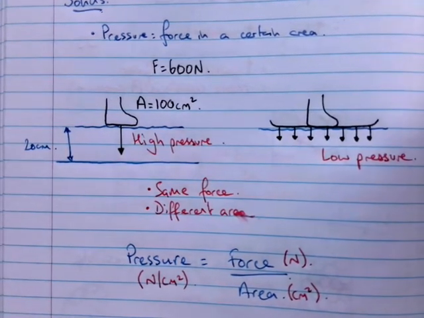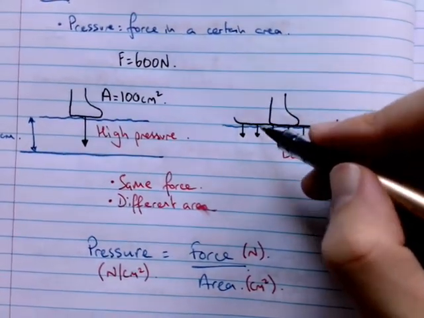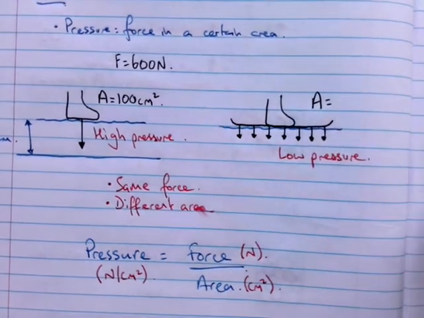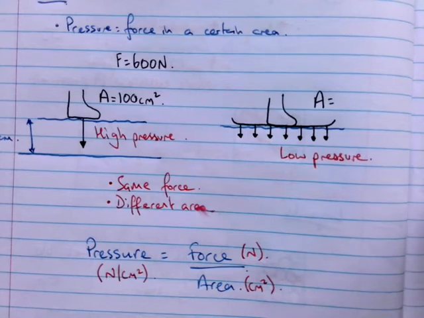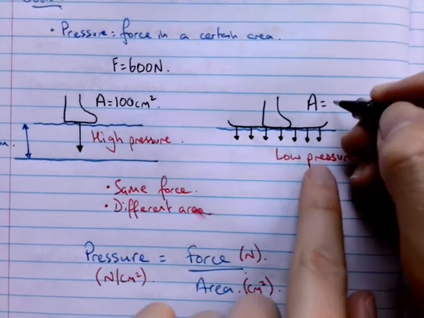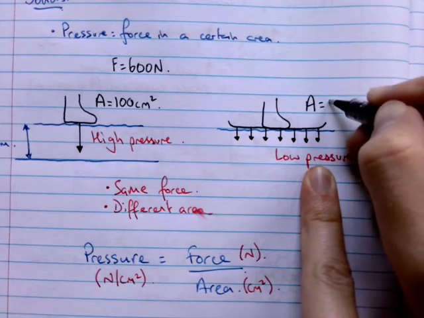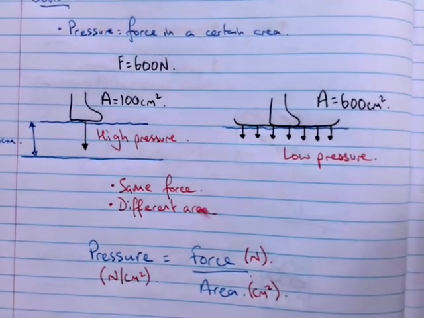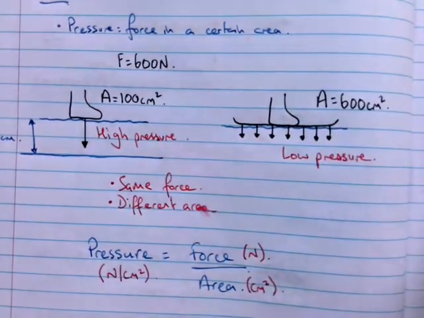It's an approximation, but it's 100 centimeters squared. Now, let's say you put on your snowshoe, and this is going to make the area that you step on really big. Let's say it now becomes 600 centimeters squared. So it's made the area of your foot much, much bigger, but the force is still the same.